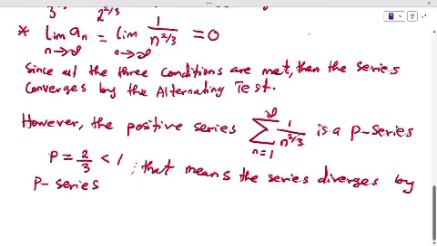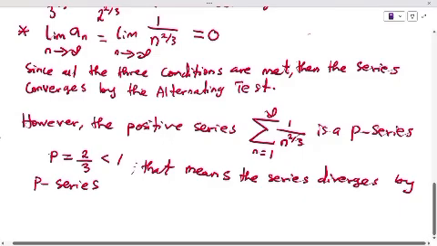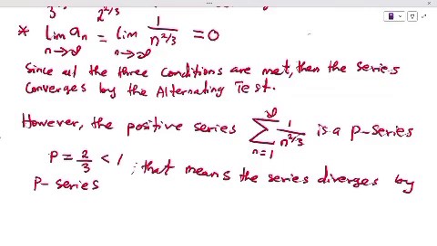All right. So now that the key thing we want to apply, the conditions have been met. So then we can now conclude that, okay, we were able to satisfy the alternating test conditions. We're also able, by using the p series, to get the absolute value to diverge.